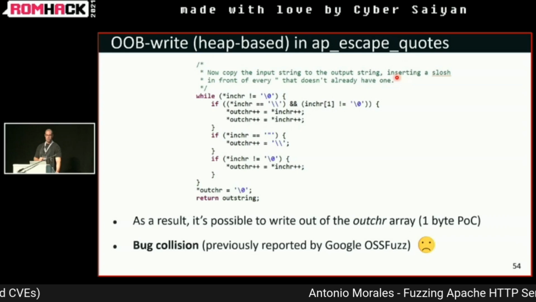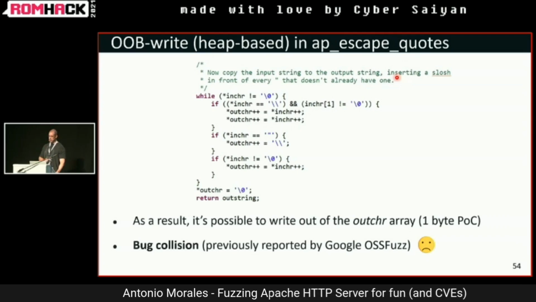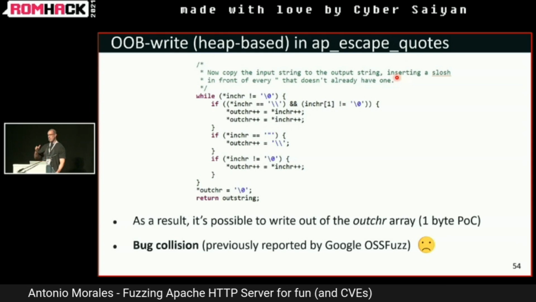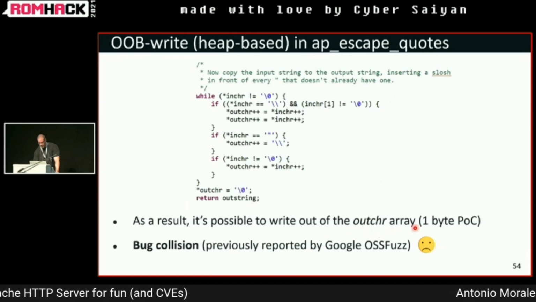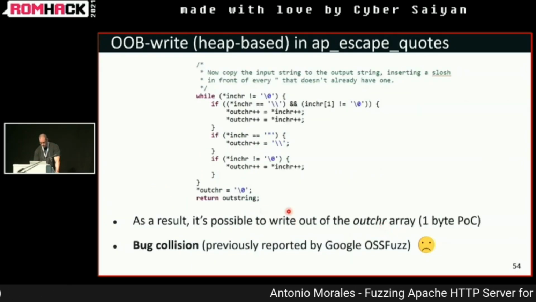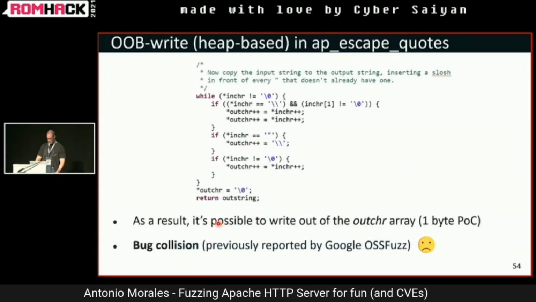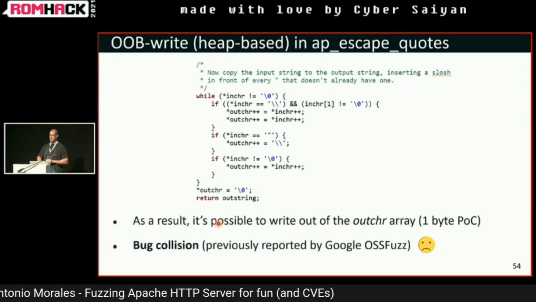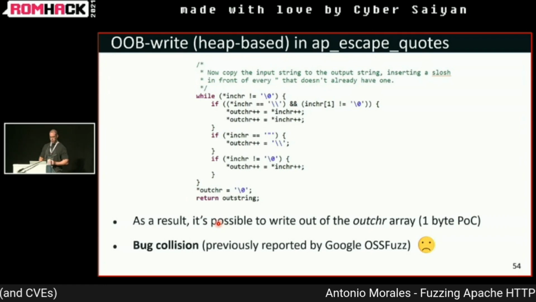As a result, if we provide a malicious input to the escape_quotes function, it's possible to write out of the outchar array, that is, a pointer to the outstring array. Unfortunately, this bug was previously reported by Google OSS-Fuzz just a few days before I found it, so it was a bug collision.